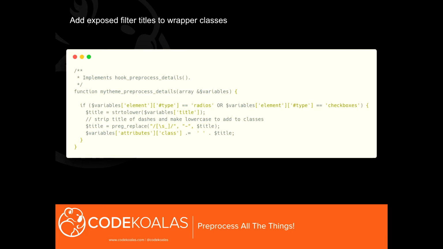So if we wanted to set blog taxonomy links to blogs/term name instead of /taxonomy/term name, this is how we would do that. We'd say if variables field name equals field blog tags, then we get the tags, which is variables items, and then variables blog term name.